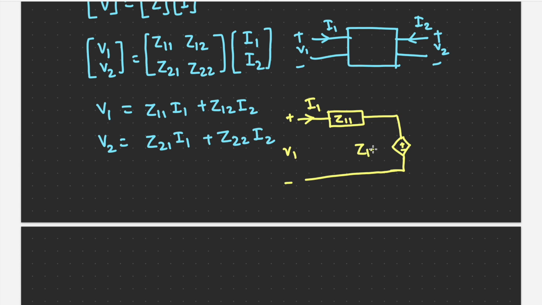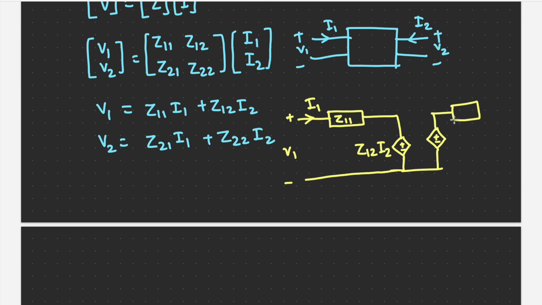It will be Z12 I2. Similarly, on the other side, we have to do the same thing. This portion is a dependent voltage source, and the other side is the output impedance.